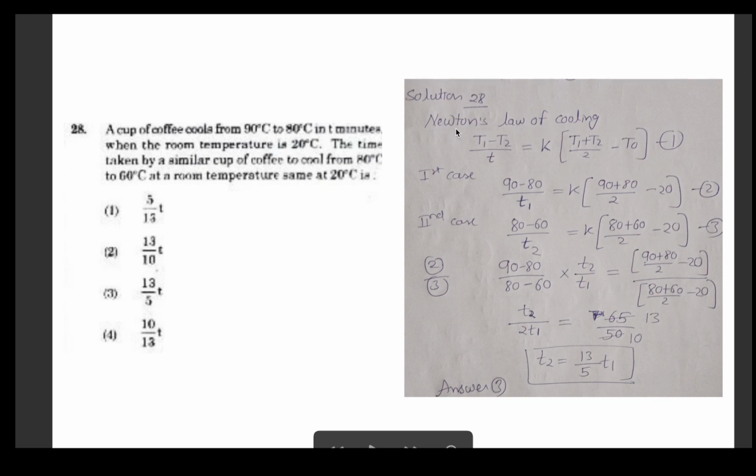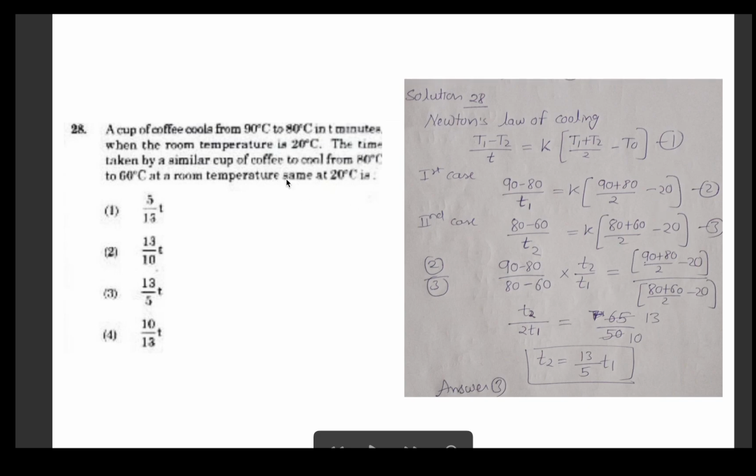We know Newton's law of cooling, T1 minus T2 divided by T is equal to K times (T1 plus T2 divided by 2 minus T0). In the first case, the cup of coffee is cooling from 90 to 80 degrees. So T1 and T2. We put all these terms, and the room temperature is 20 degrees centigrade. So in place of T0, we put 20.